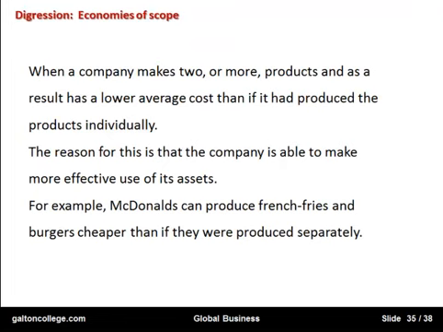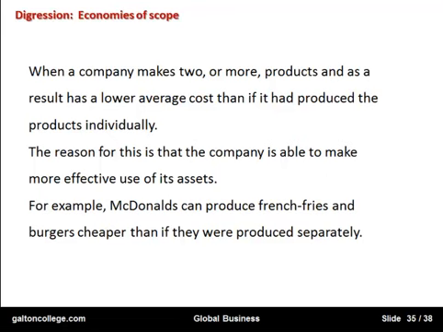So when a company makes 2 or more products and as a result has a lower average cost than if it had produced the products individually. So if a company makes 2 or more products and as a consequence has a lower average cost than if it had produced the products separately, that's an economy of scope. Now the reason for this is that the company is able to make more effective use of its assets.